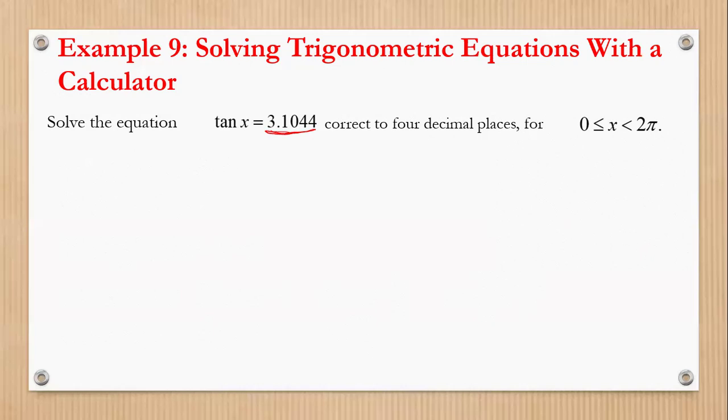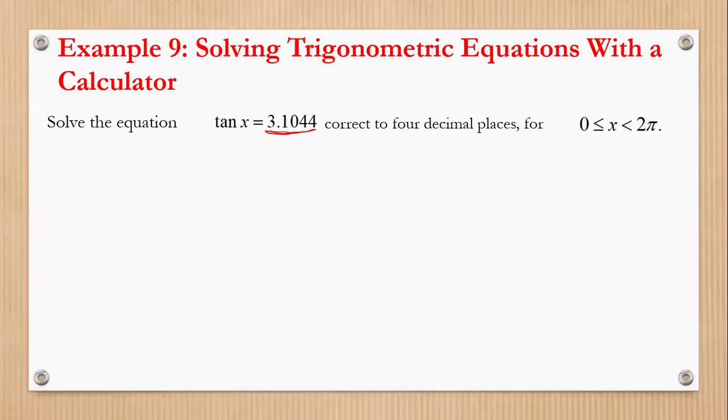But I know that this number is not on my unit circle or in any of the tables, and I have no idea which angle gives me that number for the tangent. So whenever you see a decimal number like that, you need to use your calculator to solve the equation. That's the only option that we have.